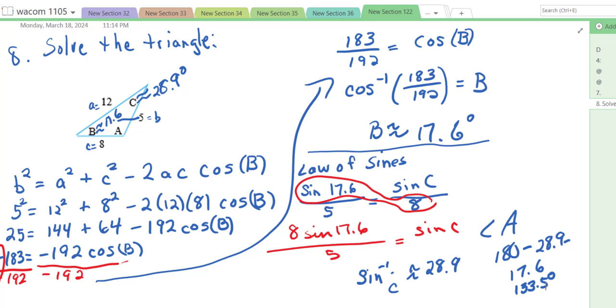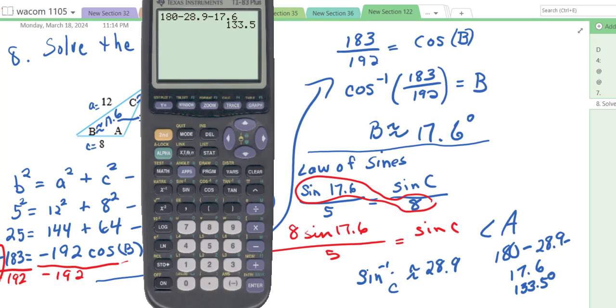And I don't know if I made an error there. I'm a 1/10 of a degree off from what they said. I'll backtrack right here just 1 second. 8 times sine of 17.6, close, divide by 5.